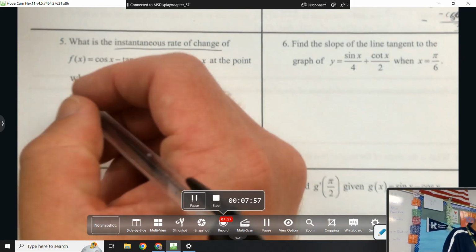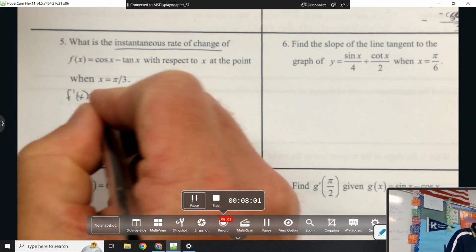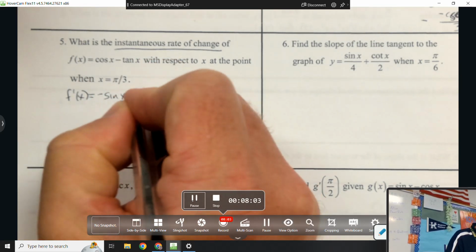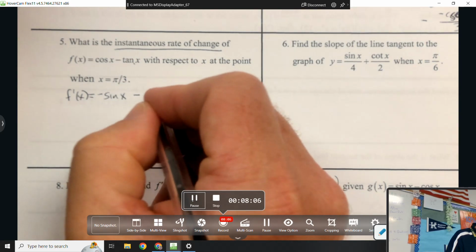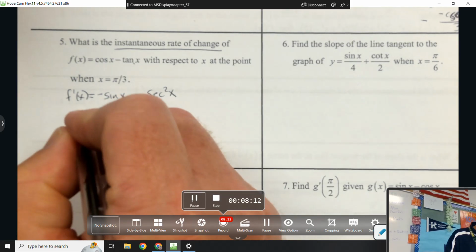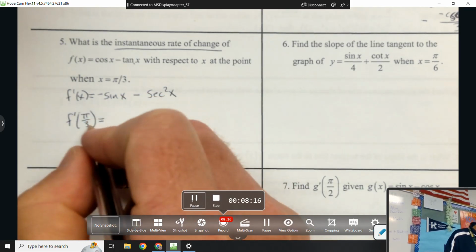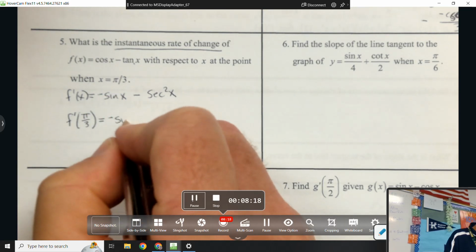So it starts out the same way. We'll just take the derivative: the derivative of cosine is negative sine, and the derivative of tangent is secant squared. And evaluate that at pi over 3.